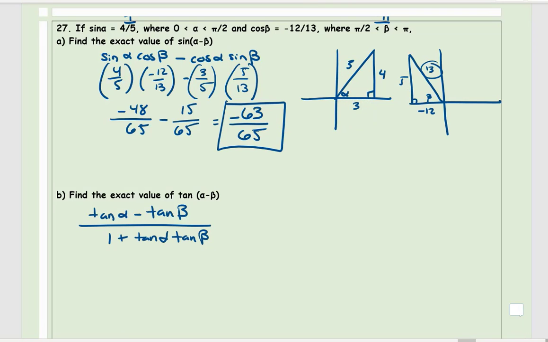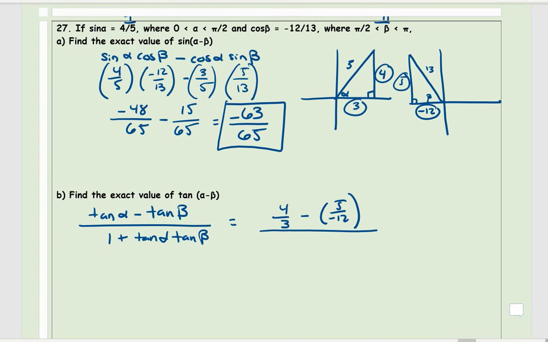We are going to use our triangles again to figure out what's going on here. So tangent of alpha is going to be our opposite side over our adjacent, so 4/3. And tangent of beta is going to be our opposite side divided by our adjacent side, or 5 over -12.